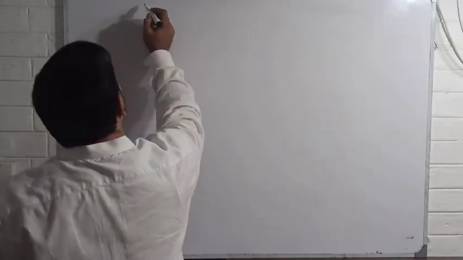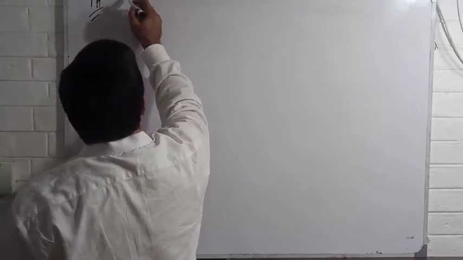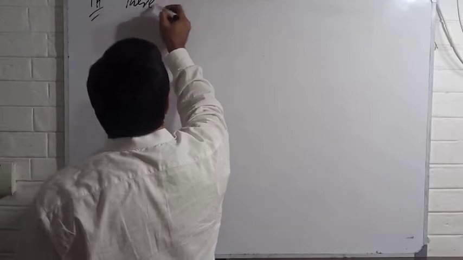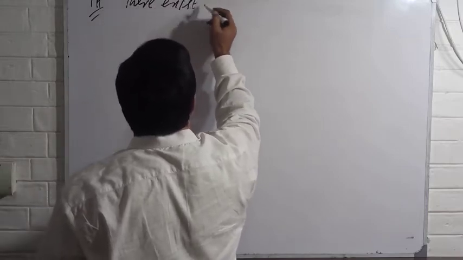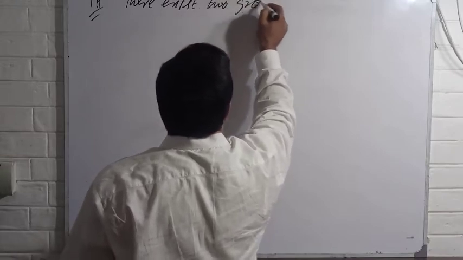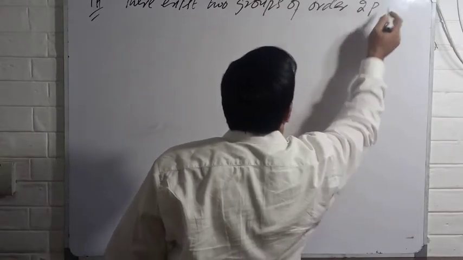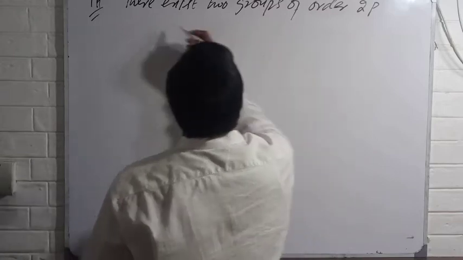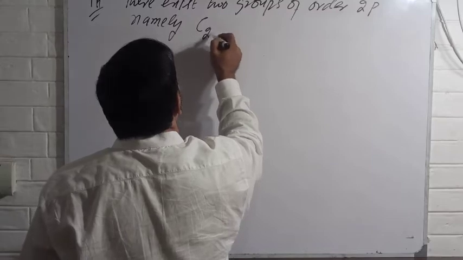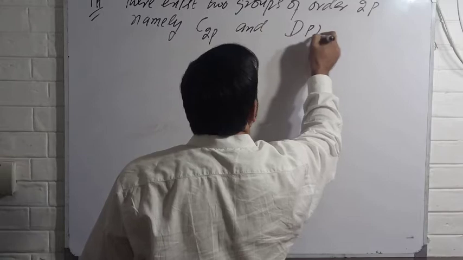So if the order of G is 2p, there you can have a theorem: there exist two groups of order 2p, namely C2p and Dp.